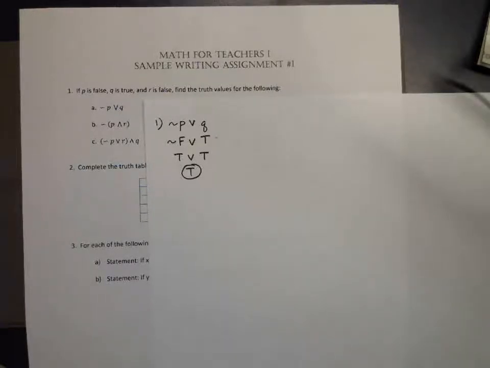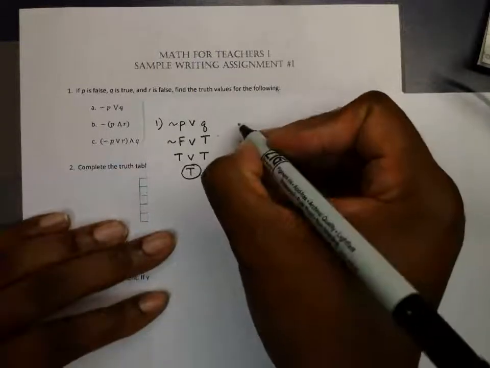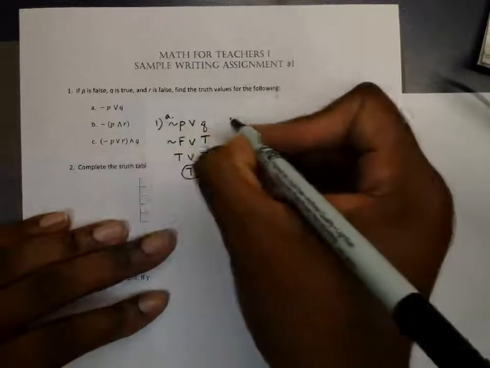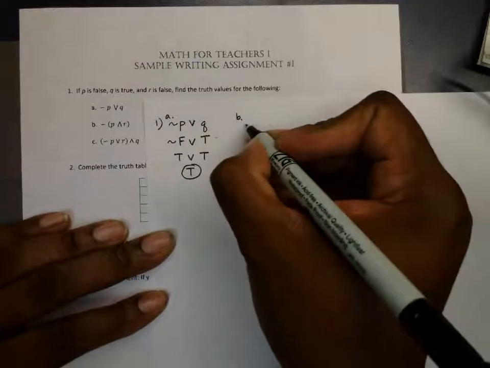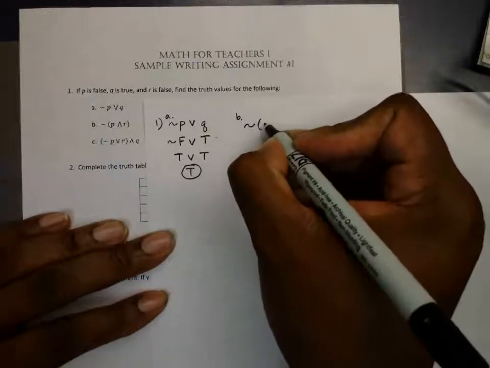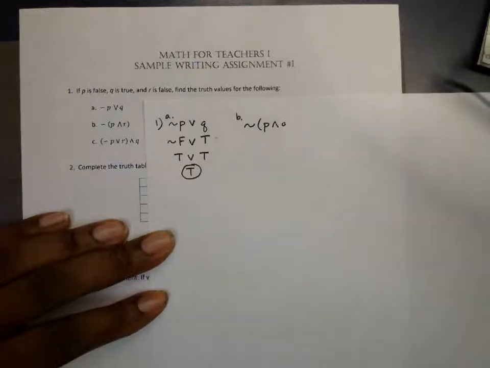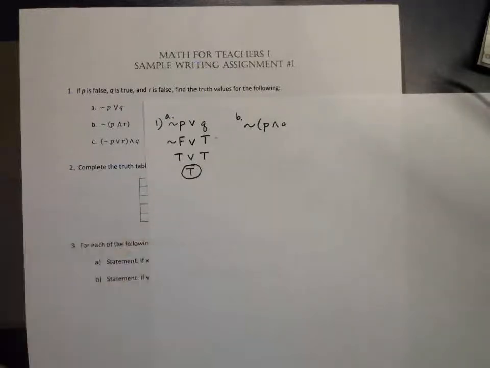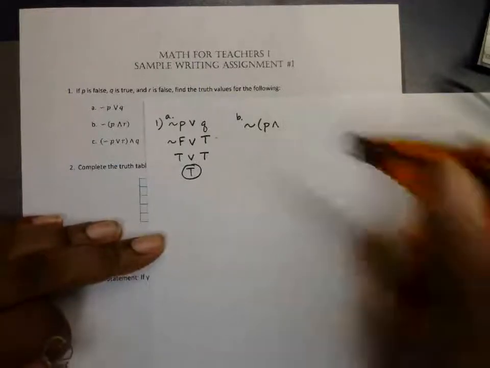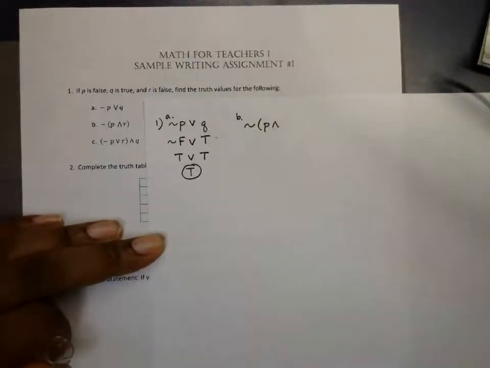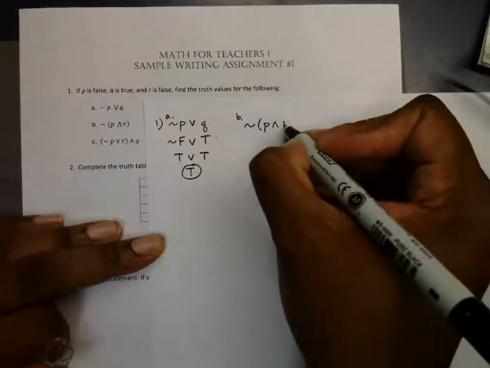Okay? Now, part B. This is A. This is B. The negation of P and R. P and R.